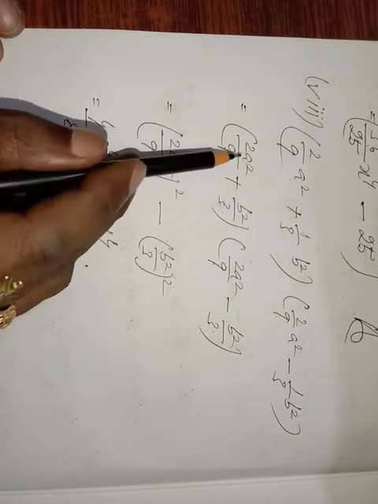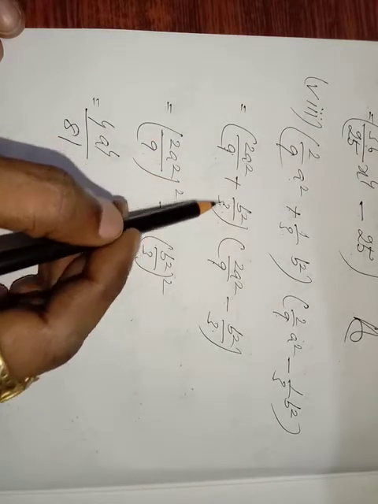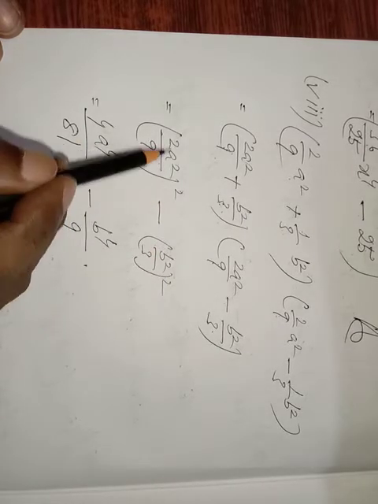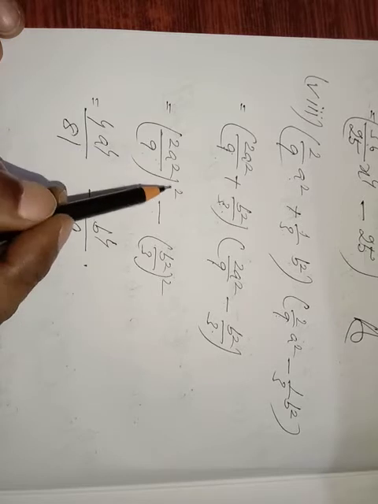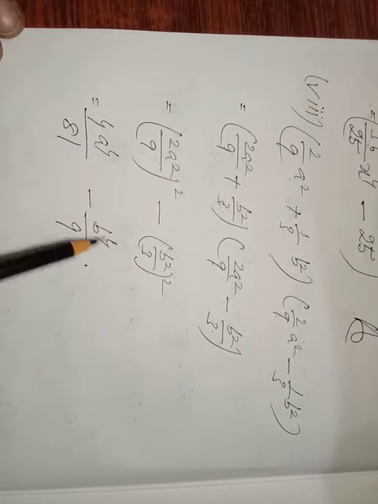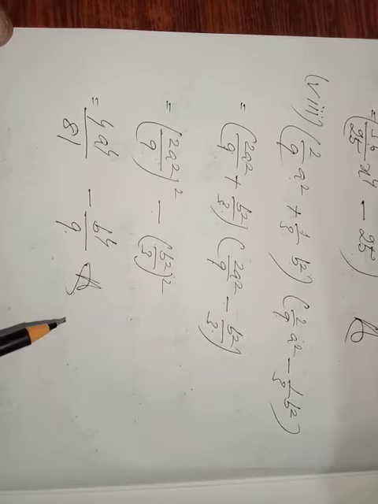A means here 2a square by 9, that whole square, minus b means here the second part, that is b square by 3, that whole square. And a square whole square you know is a to the 4, 2 whole square is 4 and 9 whole square will be 81. Here you see b square whole square will be b to the power 4, 3 whole square will be 9. I hope it is clear for you. We will go to the next number.